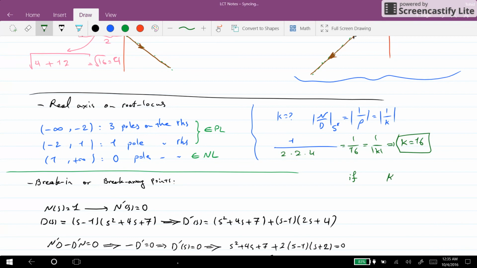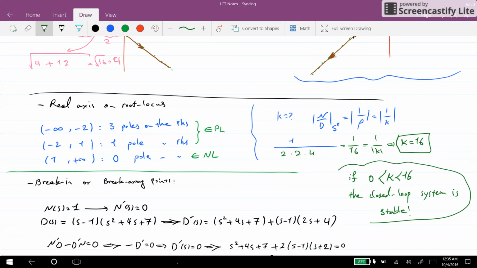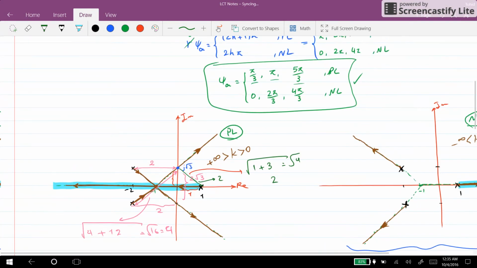For values of k smaller than 16 and bigger than 0, the closed loop system is stable. And then we are done with the analysis of this example.